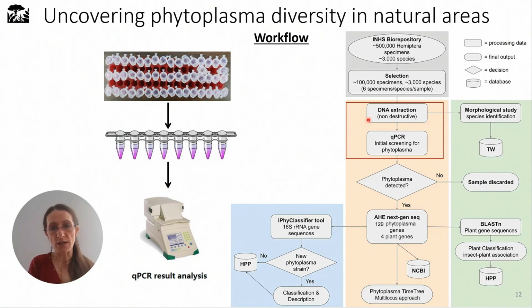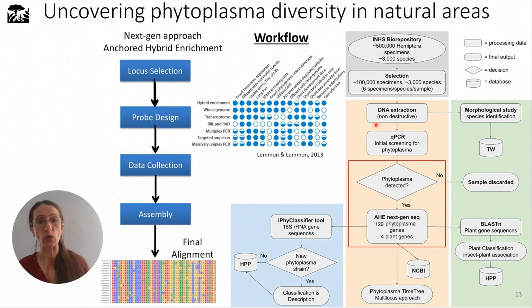We used individual insect samples from our collection, and then after DNA extraction, we carried out an initial screening using qPCR, and then phytoplasma-positive samples are further analyzed using a fairly new high-throughput sequencing approach called anchored hybrid enrichment to collect data from several loci, which can be used for classification and that may inform phylogenomic studies.